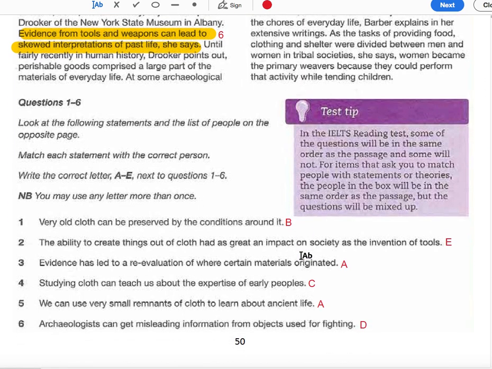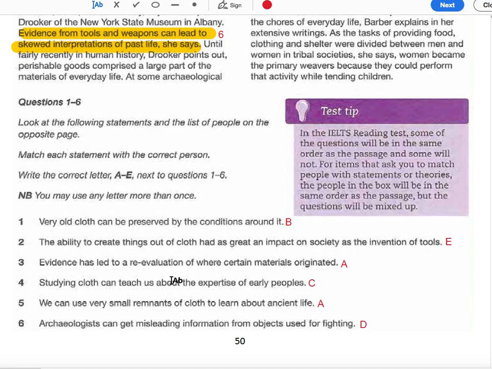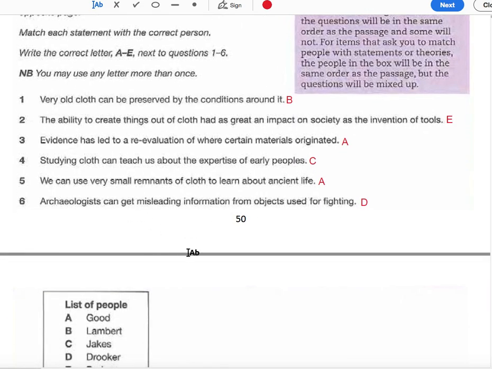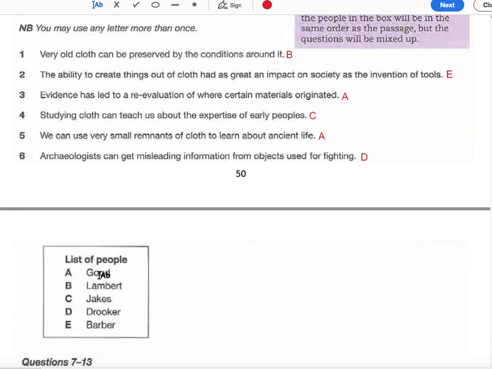So again, lists or classifications can be throughout the text and not in order, okay? The information or the researchers seemed like the researchers were a bit in order, actually. Good was first, then Lambert, then Jakes, then Drucker, then Barber.